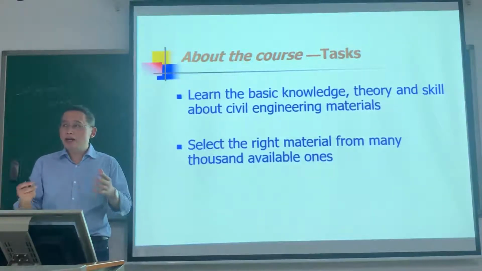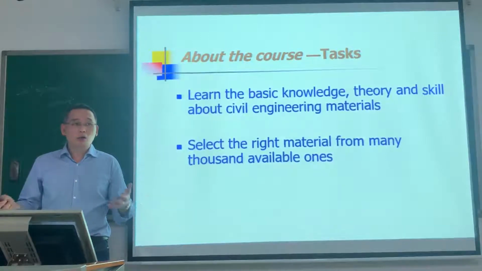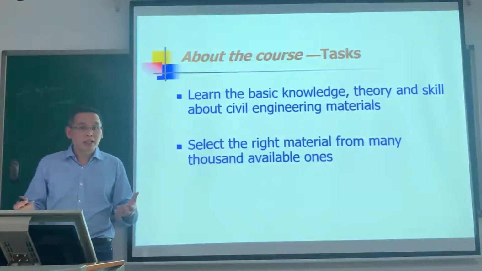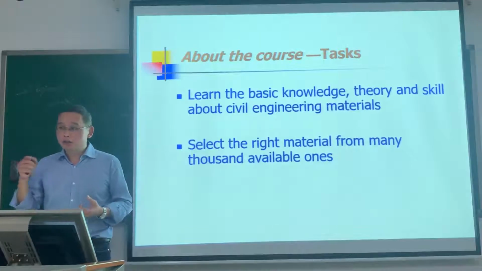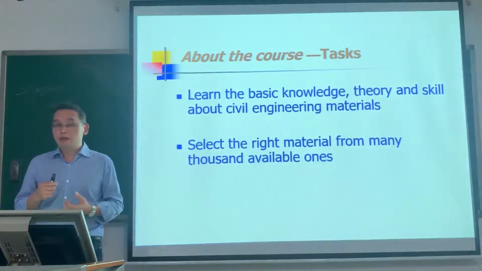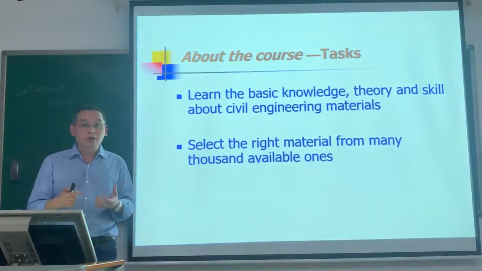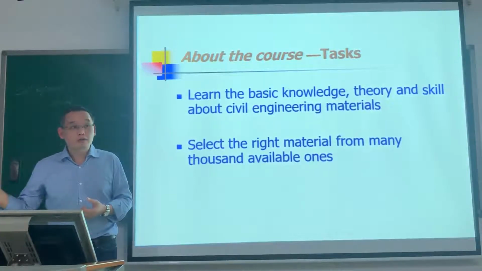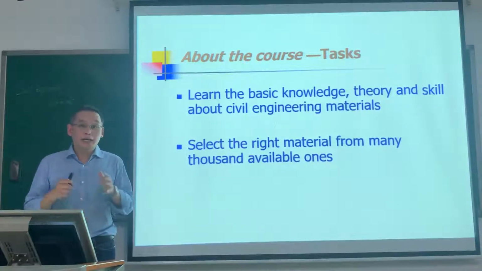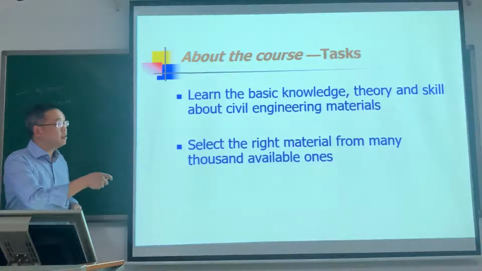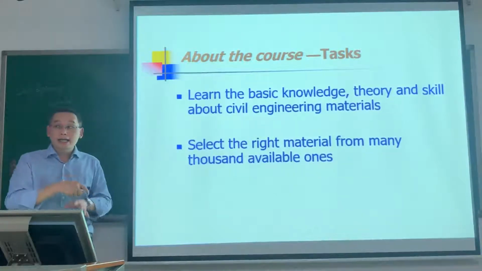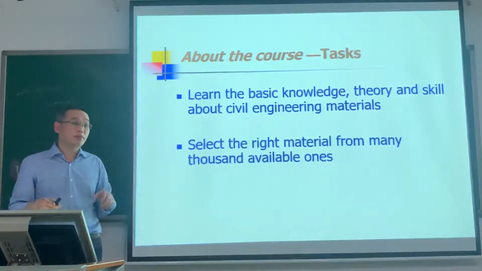There are many kinds of cement. What kind of cement can we use for this building? What kinds of steel can we use for the building? So this first one is the basic knowledge, and then the selection of the materials.